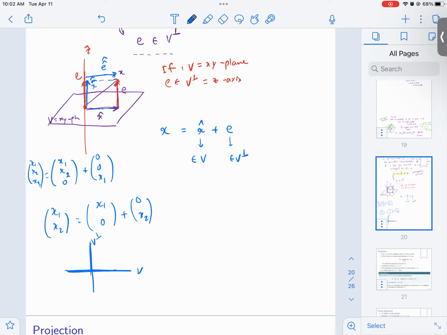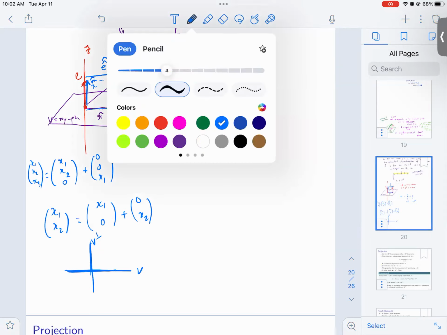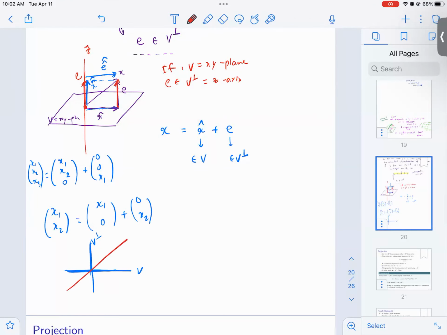So the idea is that this holds for any general subspace. It doesn't have to align with the coordinate axes. So I can pick, for example, in R2, this subspace, which is along the (1, 1), right? What will be the orthogonal complement in this case? It would be this, right? So would be what? (-1, 1).